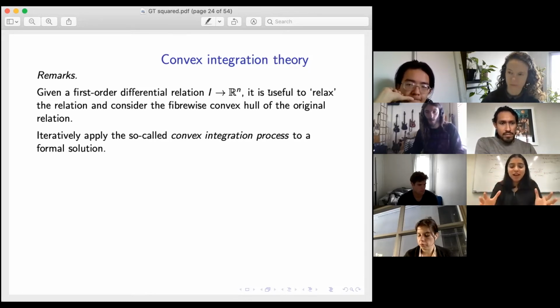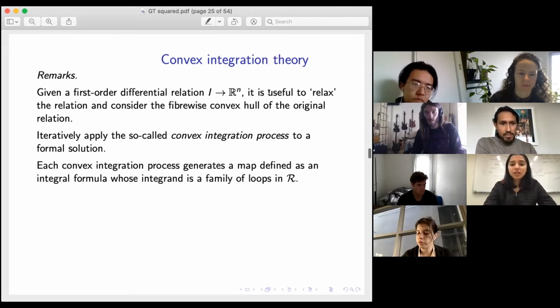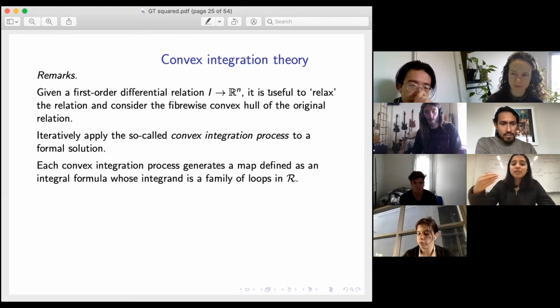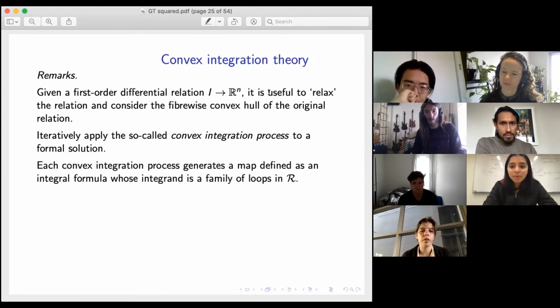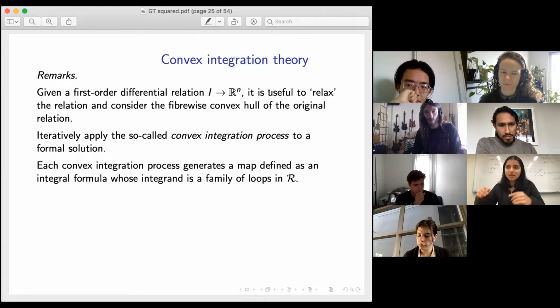We start by relaxing the differential relation, consider the whole of the convex hull, and then apply the convex integration process. What's that? Every convex integration process generates a map, which is defined as an integral formula whose integrand is a family of loops sitting inside the proper differential relation. If this sounds a bit cryptic, just bear with me for a second.